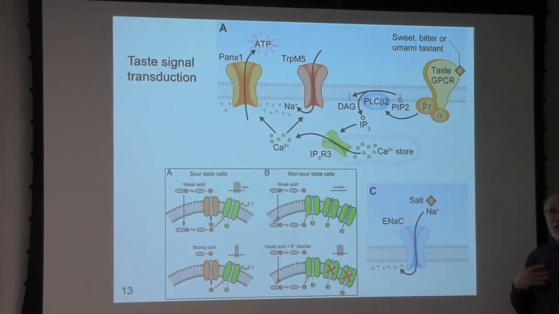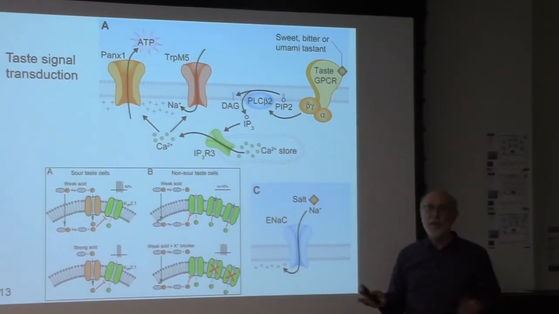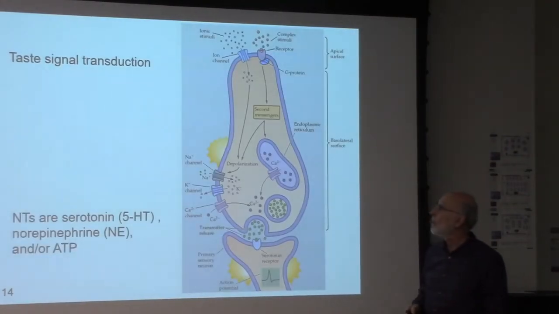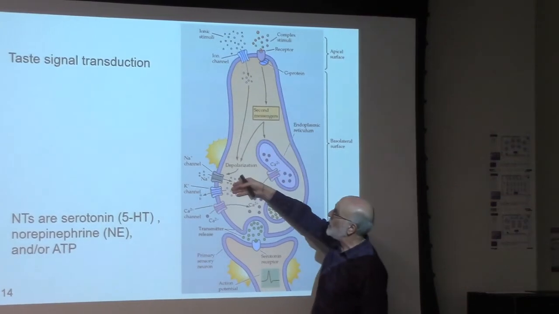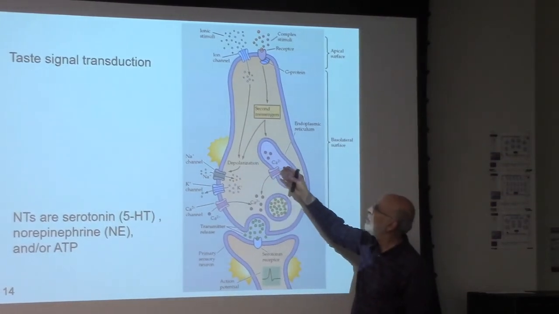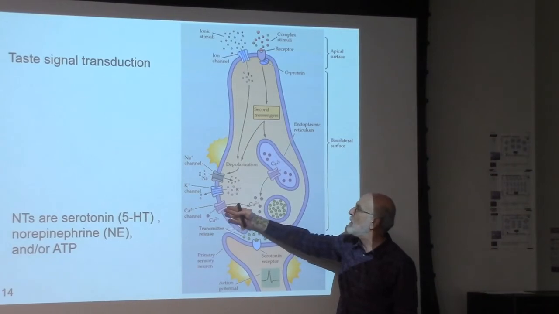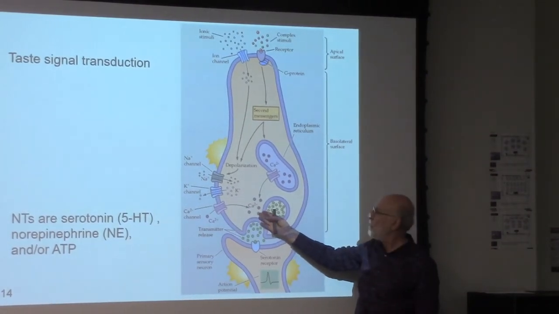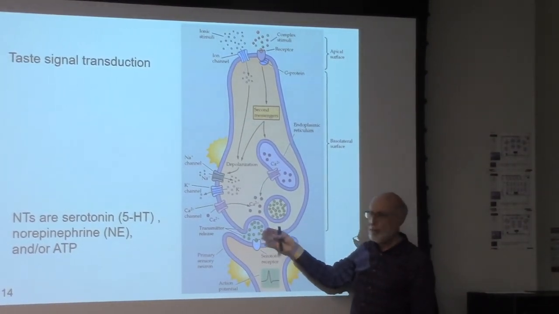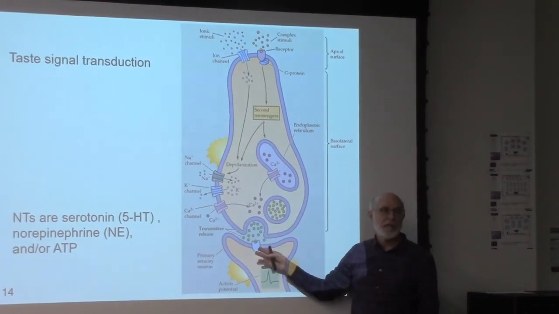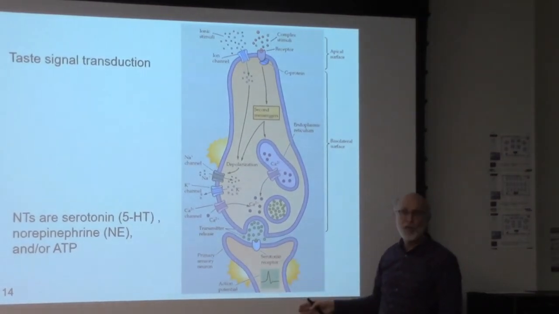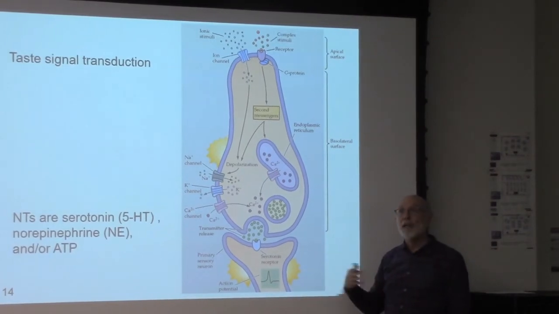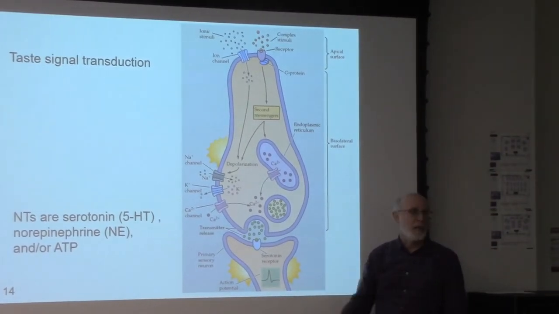Okay, this is how we transduce tastes into electrical information. And just remember, this is a short receptor cell. So depolarization, calcium influx, you know what this binds to, synaptotagmin, fusion of neurotransmitter vesicles, neurotransmitter release, activation of an excitatory receptor on the afferent neuron, and action potentials above threshold, action potential frequency going to the thalamus, going to the taste cortex.